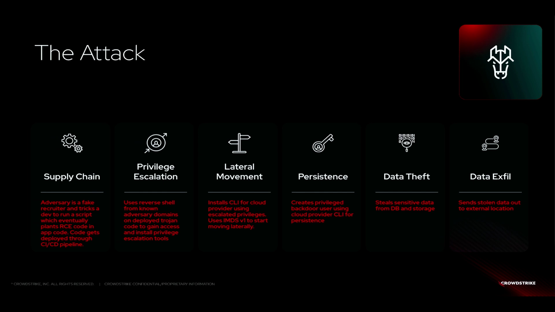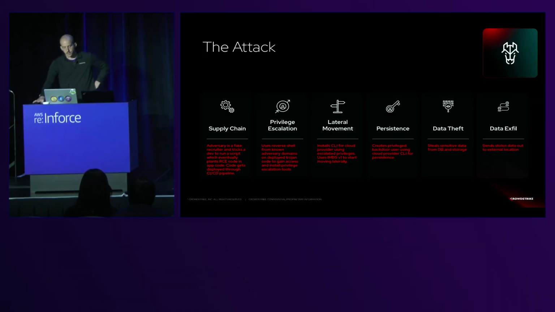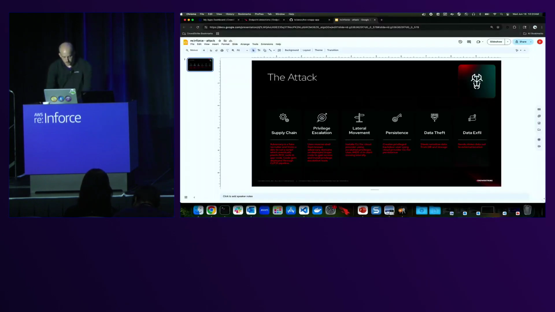So from there, we'll see in the attack, it pulls down a variety of tooling, including AWS CLI, and then provides further persistence from there. There's a backdoor user that is created. We often see adversaries achieve persistence through creating new legitimate users and living off the land. And ultimately, this attack ends in data theft and data exfiltration.